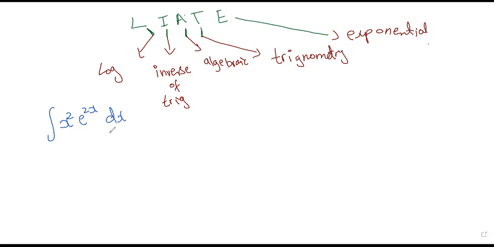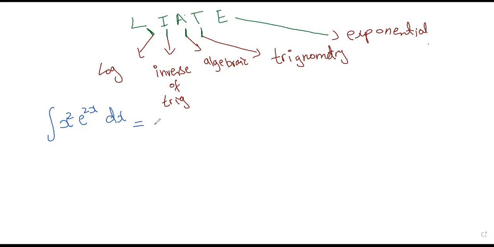Substitution means you would first be considering u equals x squared and 2x, and that takes time. It could be that you are able to do it that way as well, but your first preference should be integration by parts.